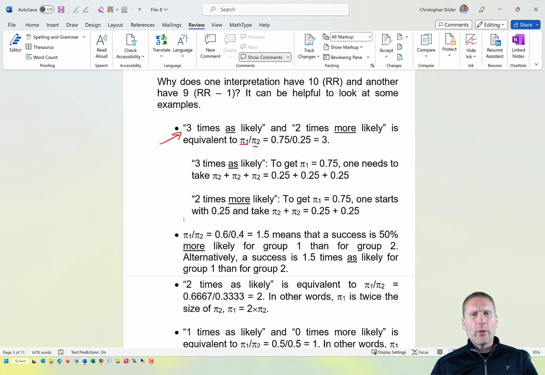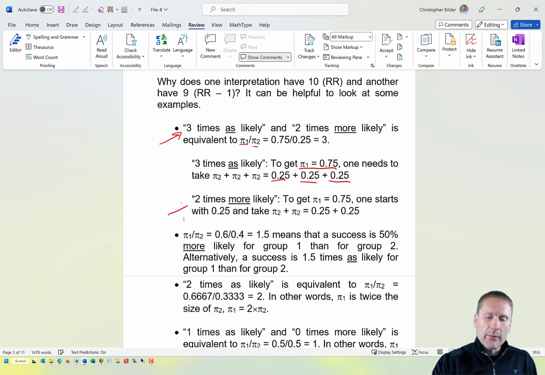Now, to get the 3 times as likely, what you're basically doing is this. Pi 1 is 0.75. And in order to get up to that 0.75, when I compare it to pi 2 of 0.25, I need 3 of these 0.25s. So 3 times as likely. It takes 3 of these pi 2s to get up to pi 1.